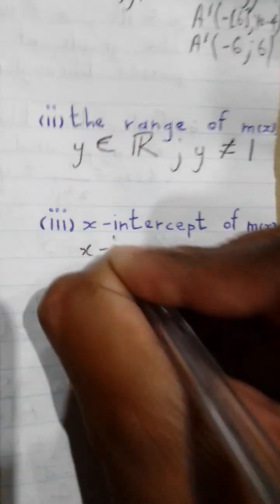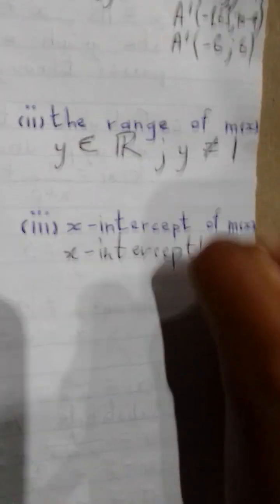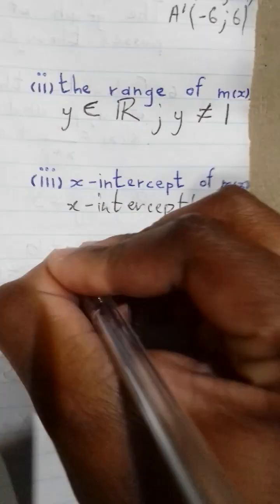Roman numeral number 3. We need to write down the x-intercept of M of x. X-intercept, y is 0. Right? So M of x is 0.